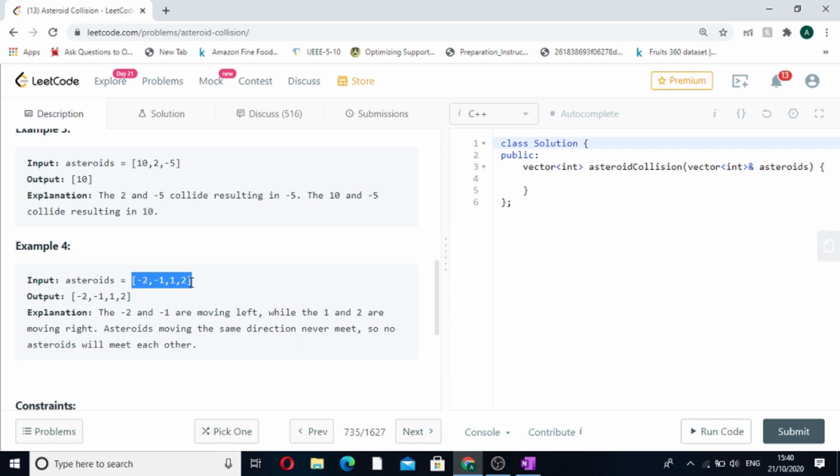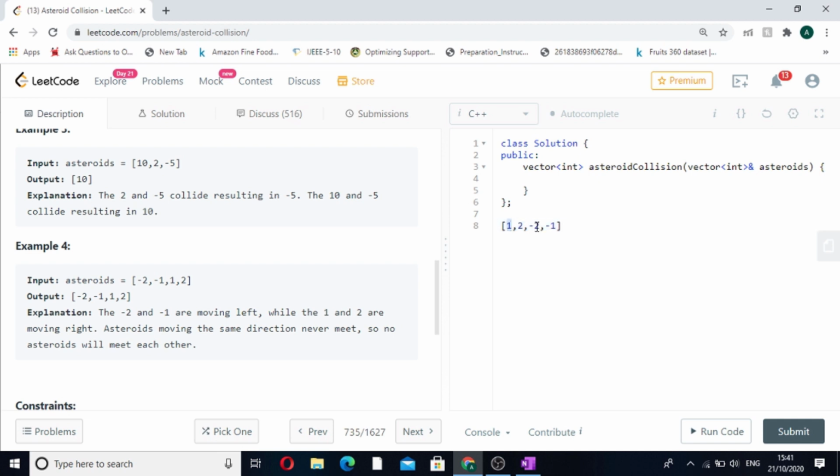But suppose there was a case where this type of structure was given. Here it was 1, 2. So 1 was moving in the right direction and 2 was also moving to the right, and then we encountered -2, which is moving in the left direction. So 2 and -2 will collide and the result will be 0, and then comes -1.